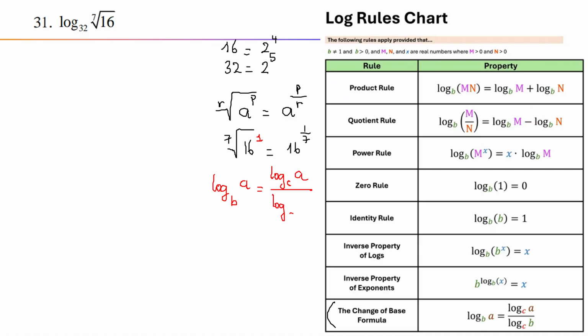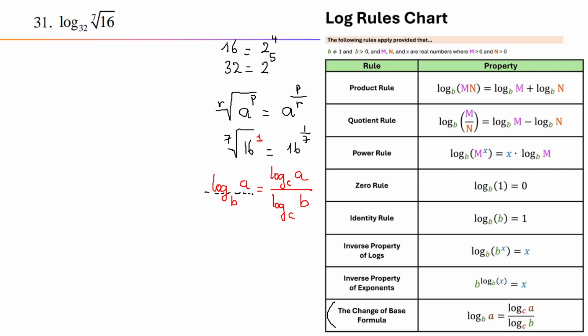The same base c will be used, and then b at the bottom. If I draw it like this, you see the line, b behind the line, a above the line. So log base c of a over log base c of b. That's how we remember it.